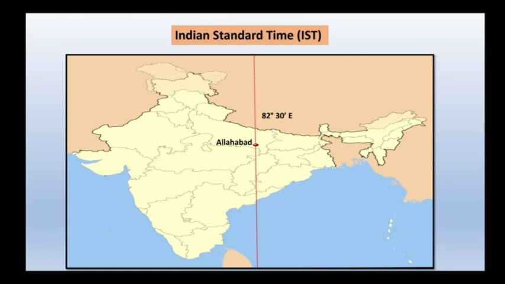So, for India, IST is considered as the standard time for the whole country. There is no difference of more than 1 hour between the local time at 82° 30' and other places in the country.